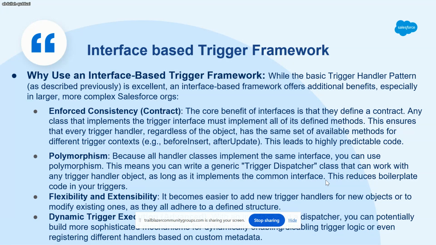Whatever is in an interface, we tell all those methods which the classes need to implement. If they are trying to implement that interface but are not able to provide logic for any of the functions, then the code will give an error. So by implementing this contract based thing, we can enforce consistency. This is the way of implementing consistency.